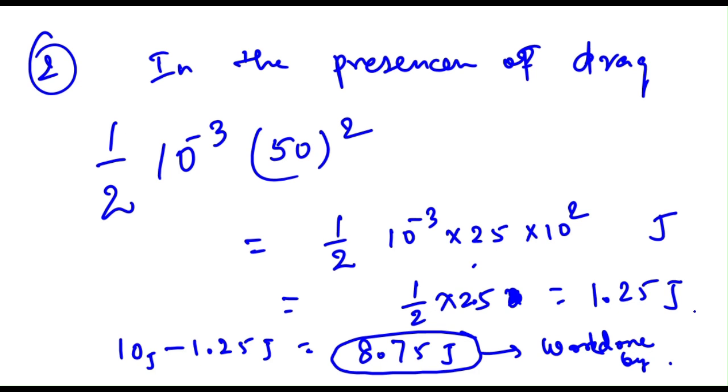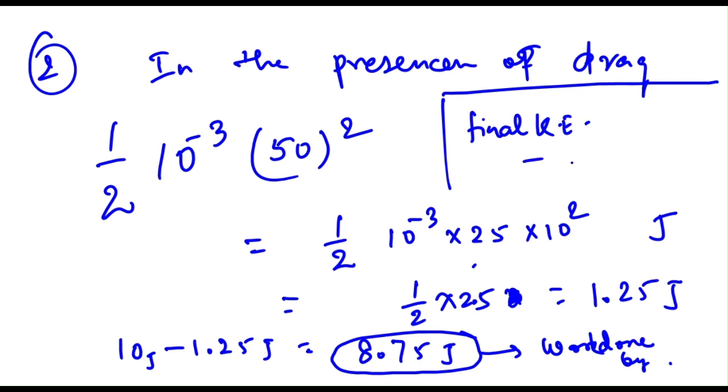That work done is due to the opposing force, that resistive force, or you can say drag force, and that work done will be equal to 8.75 joule. Okay, and this should come as minus 8.75 joule if you go in accordance with the final kinetic energy minus the original, and it will be negative.